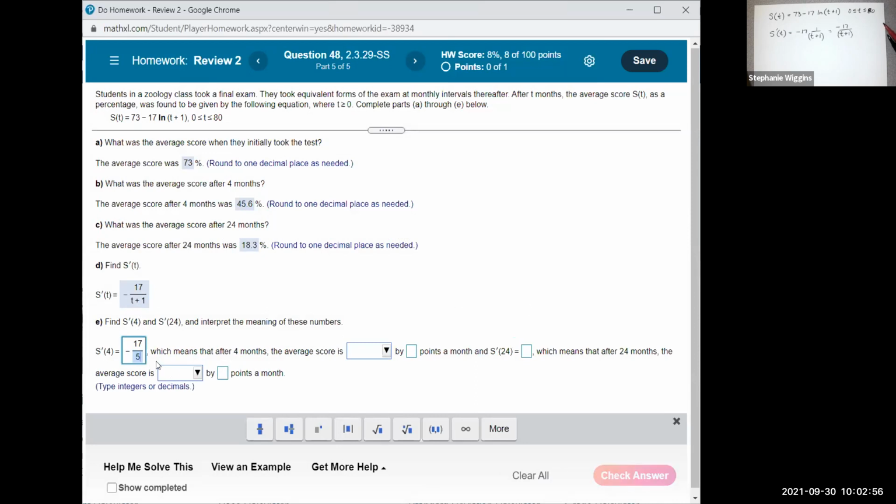And which means after 4 months, the average score is, well, since it's negative, if the derivative is negative, that means the function is decreasing. It's decreasing by 17/5 points a month. So the negative shows you it's decreasing, and then this value shows you the amount by which it's decreasing. Then you do the same thing for 24. You're going to have negative 17/25.